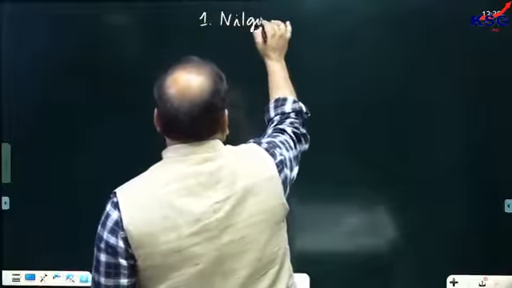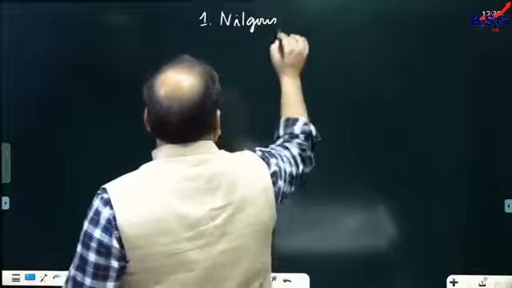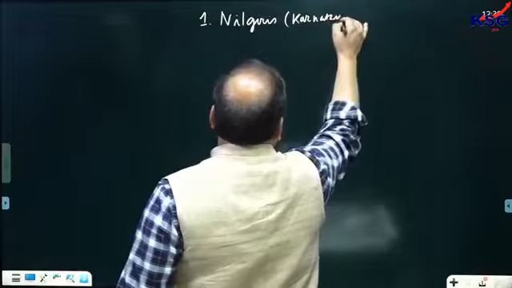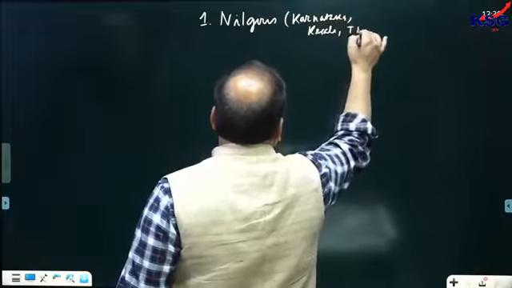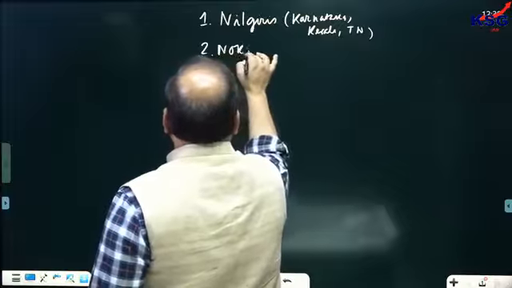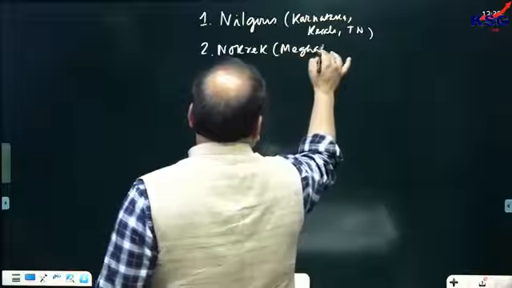Nilgiris, which we have just discussed, is present in Karnataka, Kerala and Tamil Nadu. Second, Nokrek is in Meghalaya.